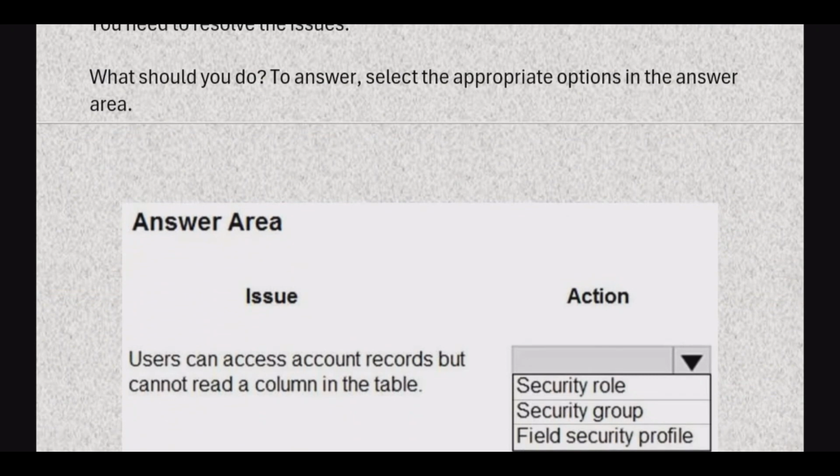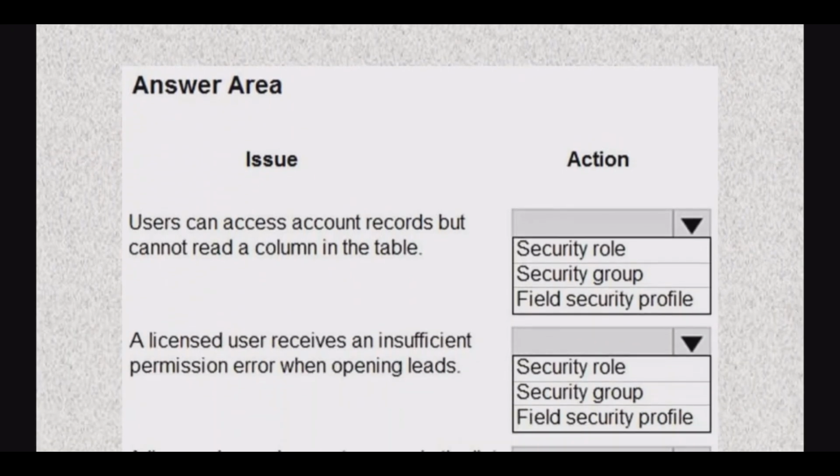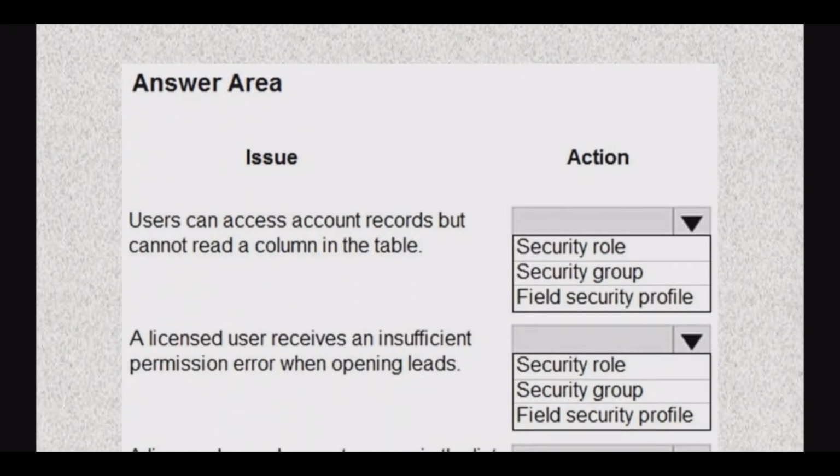Please have a look at the answer area. The first issue is users can access account records but cannot read a column in the table. The options for the actions are security role, security group, field security profile. The second issue is a licensed user receives an insufficient permission error when opening leads.